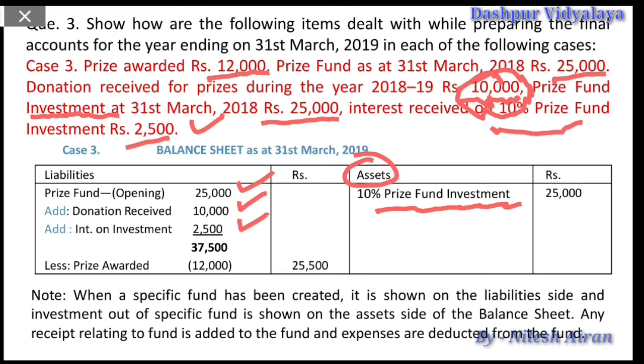That is why it will be included in the fund account only. All the incomes related to the fund should be added to the fund account only. Now 37,500 is the total amount of the fund, whereas the expenditure is 12,000. So the remaining 25,500 will be shown on the liability side of the balance sheet.